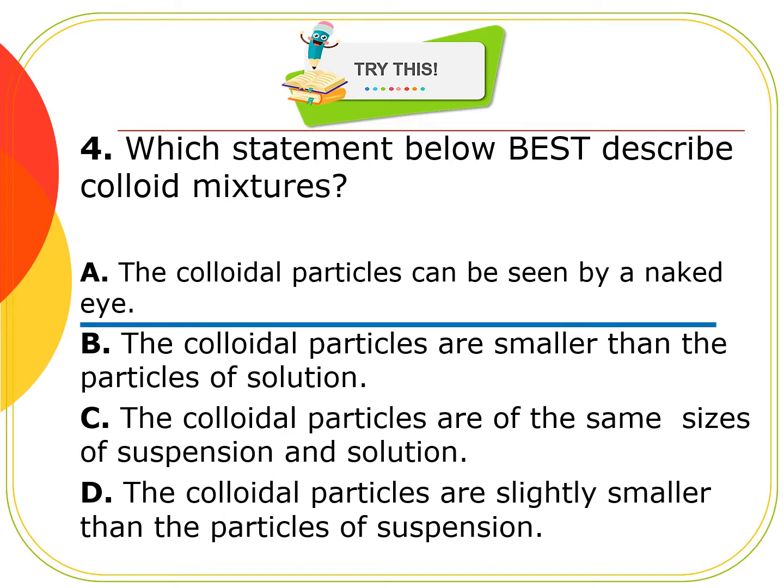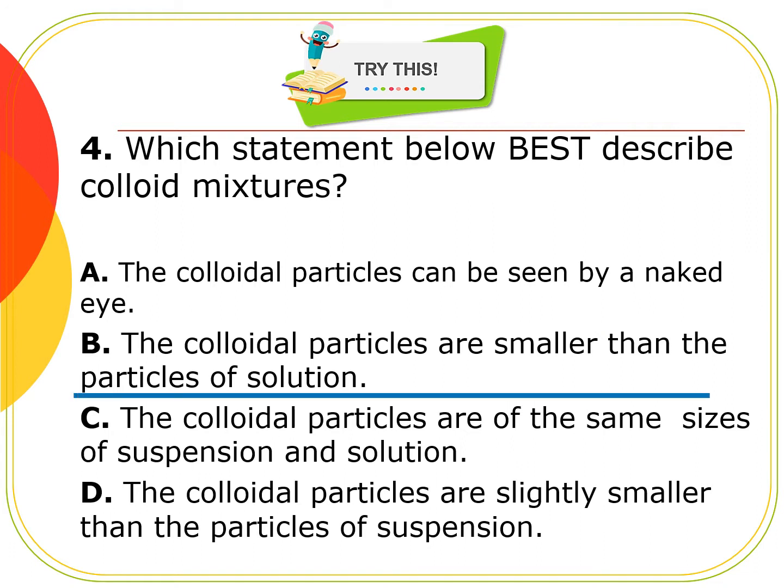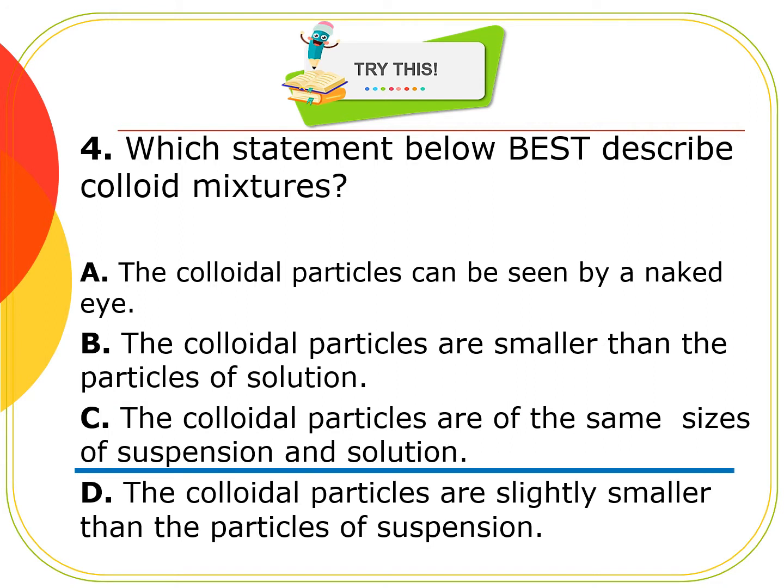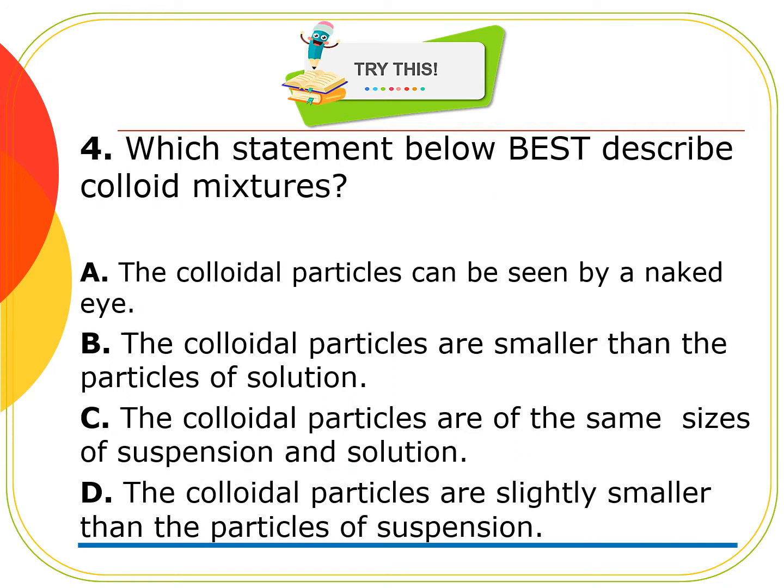A. The colloidal particles can be seen by a naked eye. Letter B. The colloidal particles are smaller than the particles of solution. Letter C. The colloidal particles are of the same sizes of suspension and solution. Letter D. The colloidal particles are slightly smaller than the particles of suspension.